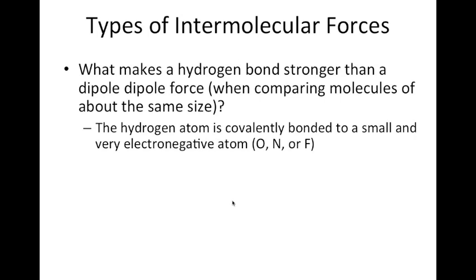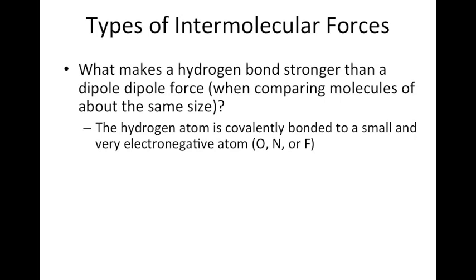Well, first of all, we mentioned that the hydrogen is bonded to oxygen, nitrogen, or fluorine, and these are three of the most electronegative atoms. So not only are they very electronegative, which means they pull the bonding pair of electrons towards them, but they're also fairly small.